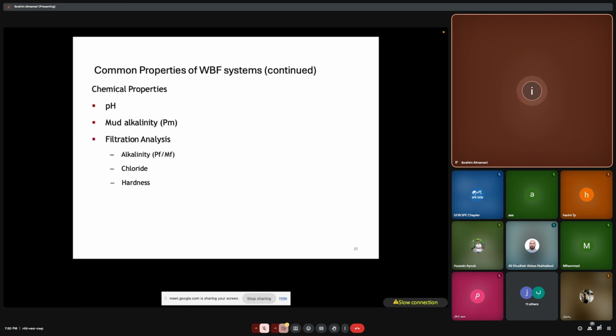And again, in water-based mud, you have pH and alkalinity as well. Basically, when you want to mix a fluid, water-based mud, you should have a medium. I give you a very simple example.